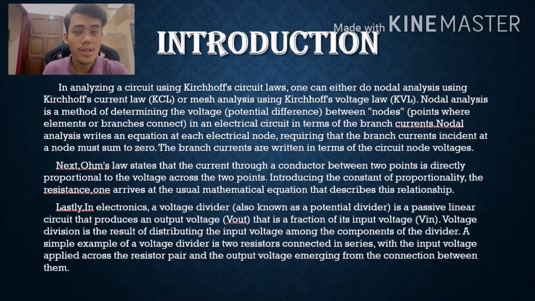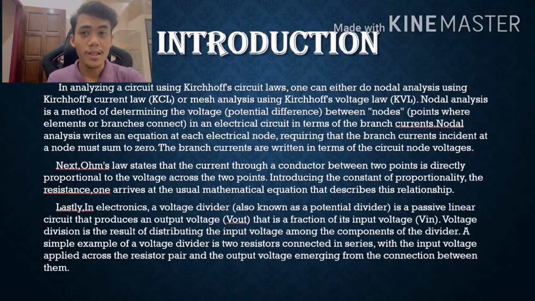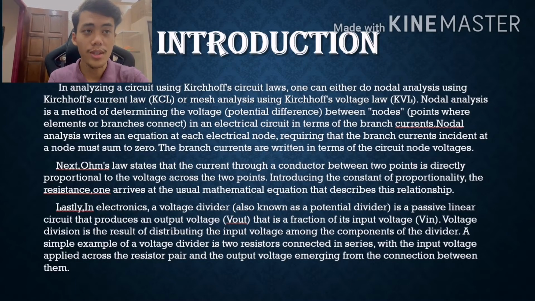Next, Ohm's law states that the current through a conductor between 2 points is directly proportional to the voltage across the 2 points. Introducing the constant of proportionality, the resistance, one arrives at the usual mathematical equation that describes the relationship. Lastly, in electronics, a voltage divider, also known as a potential divider, is a passive linear circuit that produces an output voltage Vout that is a fraction of the input voltage Vin.